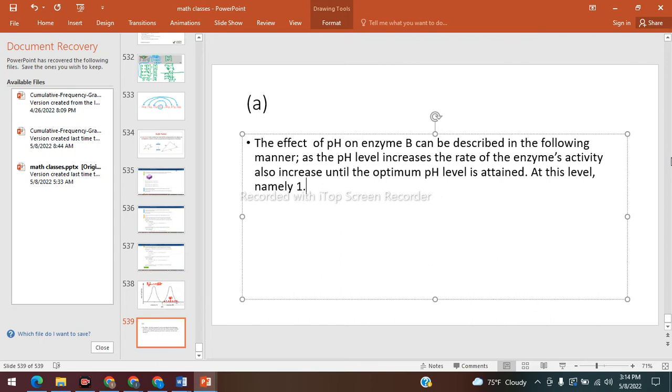At this pH level, namely 10.8, the enzyme's rate of activity is the highest.